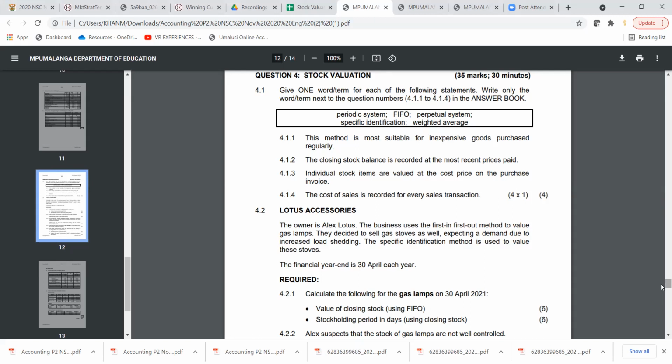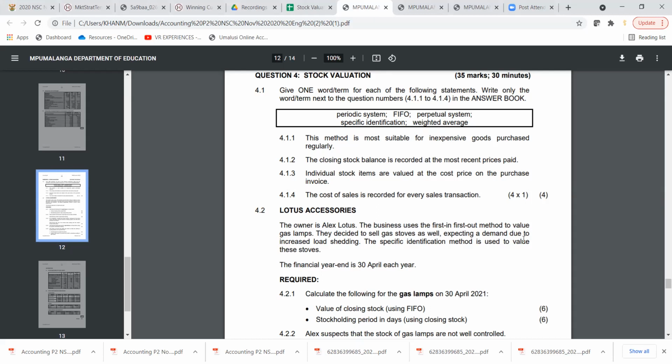Whereas BMW or Mercedes or Toyota or VW don't sell vehicles regularly, and they are expensive items. So at a car dealership, they will most likely use specific identification. When they sell that particular car, they would allocate that particular car's cost, whereas with FIFO and weighted average, they'll do an average calculation. Okay, so just be aware of that.